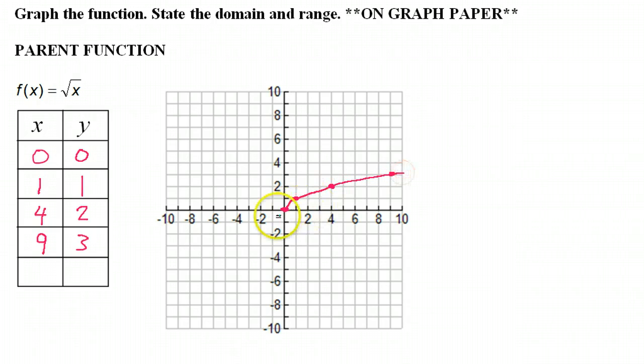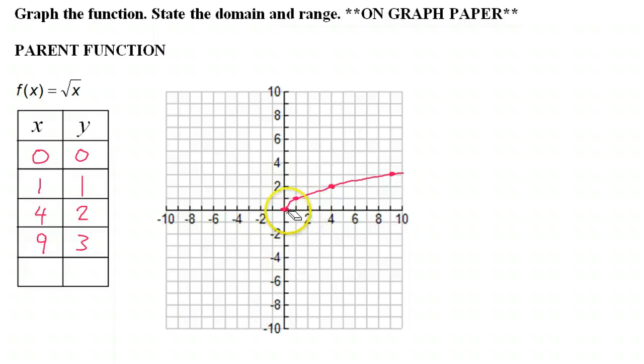If you picture a sideways parabola, this is half of a sideways parabola. So that's what the parent function looks like. Now we're going to do transformations to this. We're going to move it up, down, left, right. We're going to do vertical stretches. We're going to reflect it.